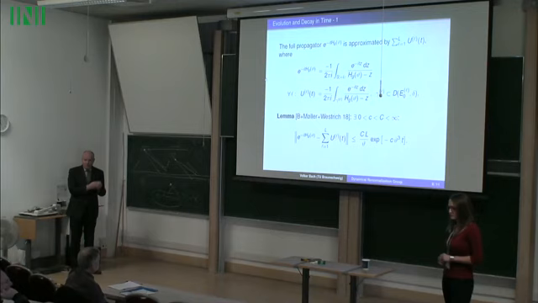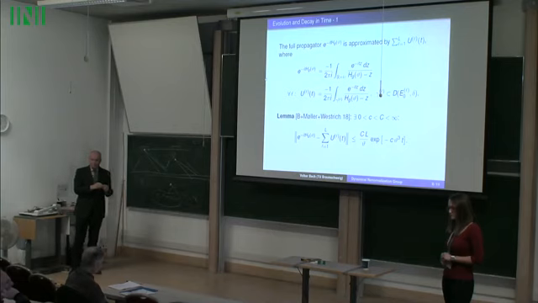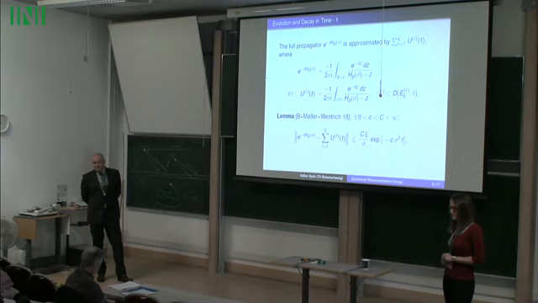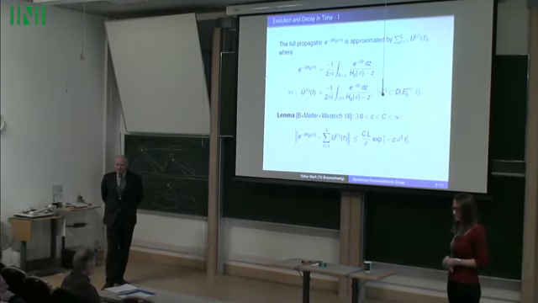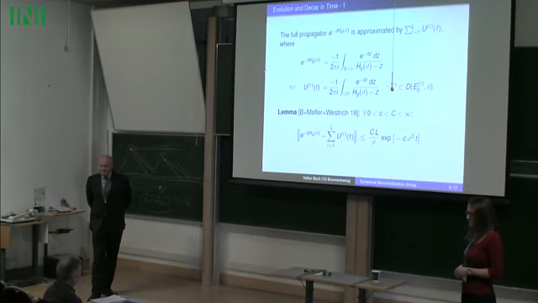Maybe in the interest of the audience, one might add that there is an alternative approach to these questions, which was developed by Wojciech De Roeck, Antti Kupiainen, and maybe also a little-known theorist from elsewhere, which is also based on renormalization group ideas and does not require any complex dilatations.